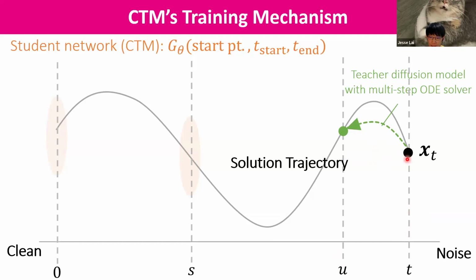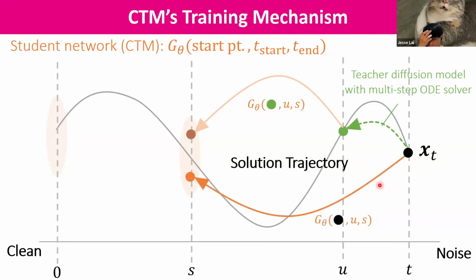The training target is bringing this green dot to this brown dot. On the other hand, we use the CTM model to directly pull xt to this endpoint, which gives us the orange dot. Essentially, we are trying to match the prediction at any time s.